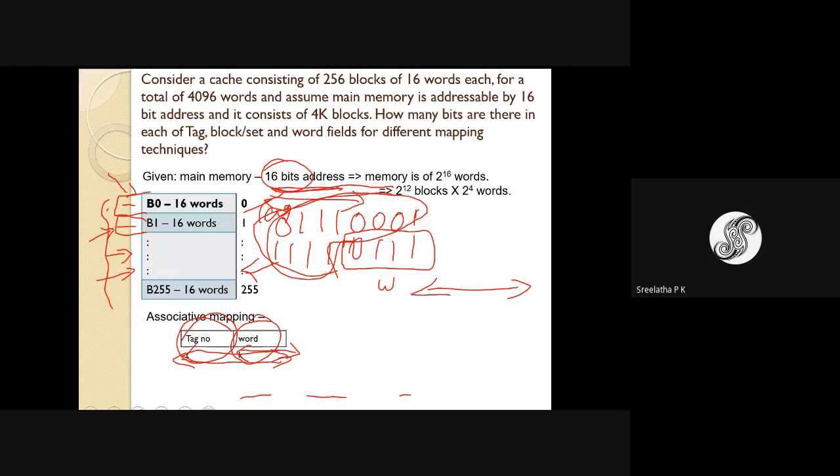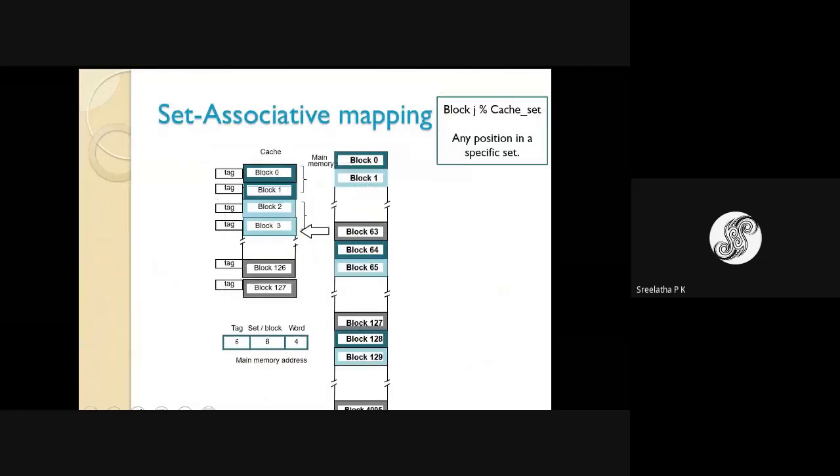Next, we'll see set associative mapping. Set associative mapping is a combination of direct mapping and associative mapping. Suppose I want to place block J, then it is block J modulus the number of cache sets.